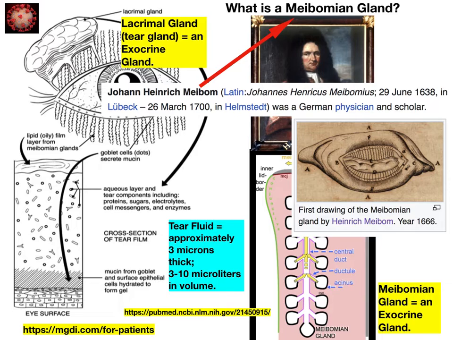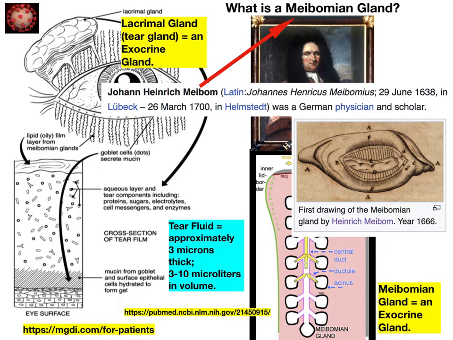The first published depiction of the meibomian gland was published by Johann Heinrich Meibom in the late 1600s. Meibom was a German physician and scholar, and it's because of this publication that the gland is named after him.